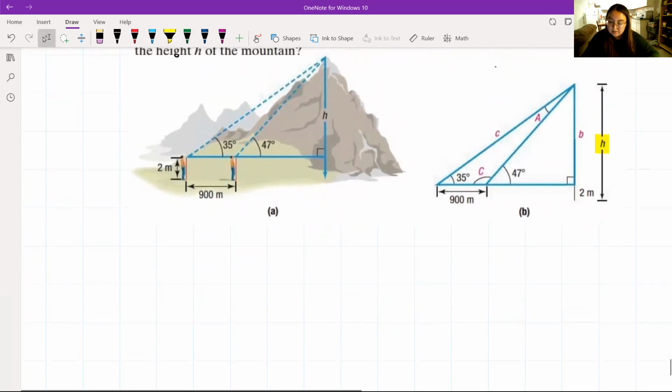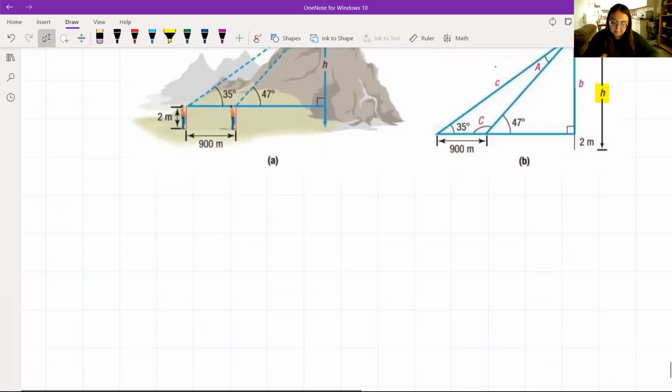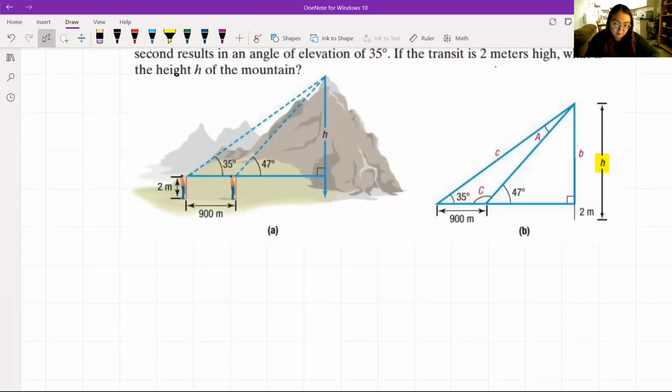So for our first triangle, for this triangle here, and let's make that a different color. For this triangle here, we'll just call it 1, and this will be triangle 2.